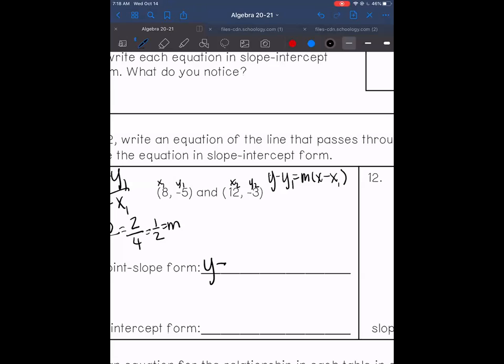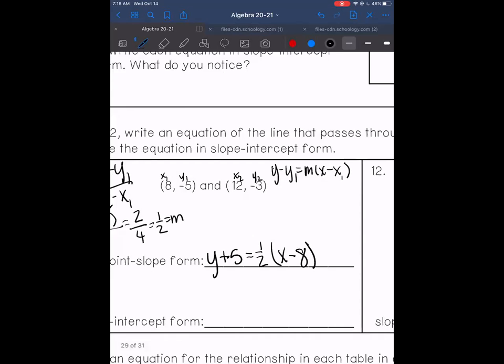Y minus, in the y coordinate would be a -5 or +5, instead of saying subtract a -5, equals my slope, which we just solved for, is 1/2 times x minus my first x value of 8. So that's it in point slope form.